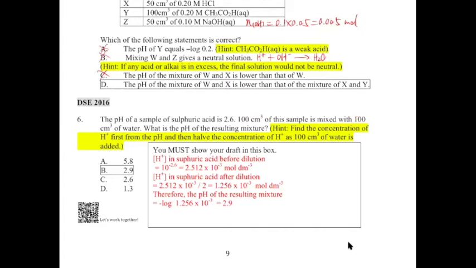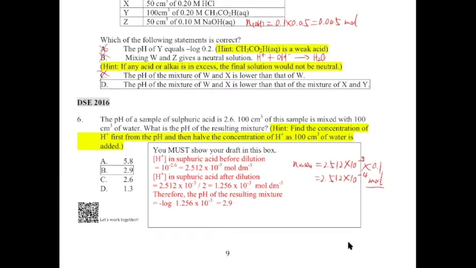Or you can think about it like this. Originally, the number of mole would be this number multiplied by its volume, 0.1. Okay, so that will give you this number. After dilution, the total number of moles stays the same, right?